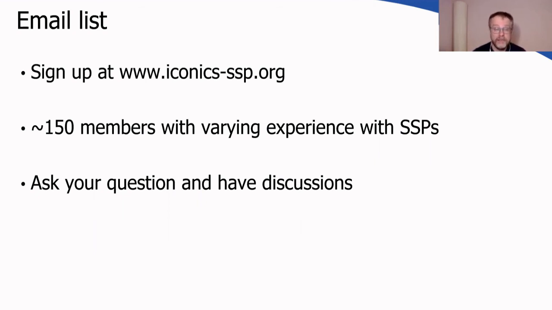You should really use it to ask any questions you have or information you want to spread to the community. Here you have the community of people that develop and work with the shared socioeconomic pathways. So if you have any information to share with them or questions to those people, this email list is one of the best resources that you can use.